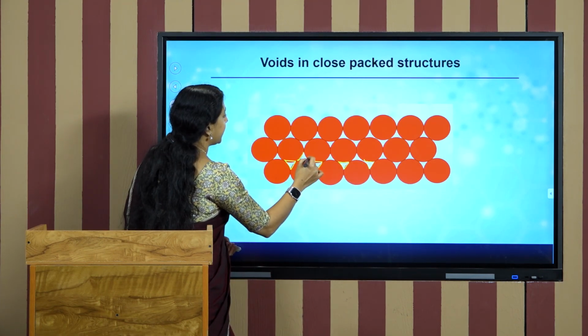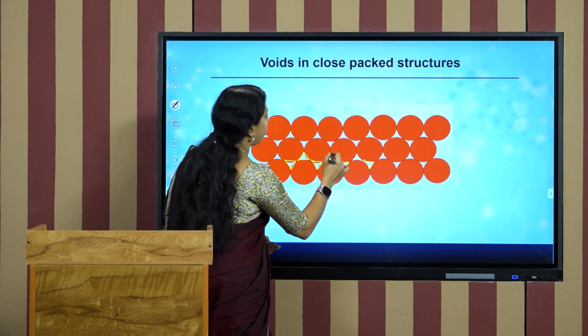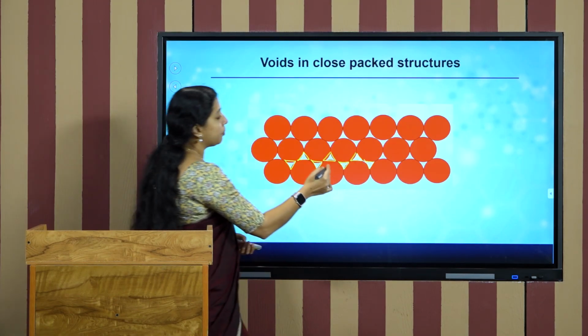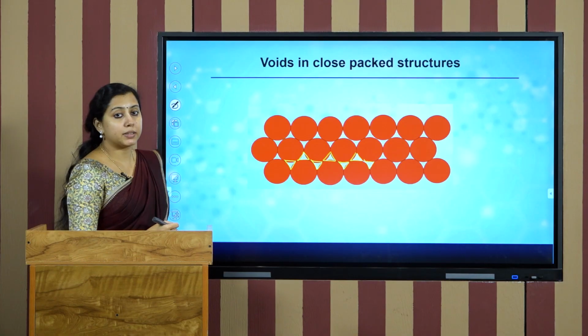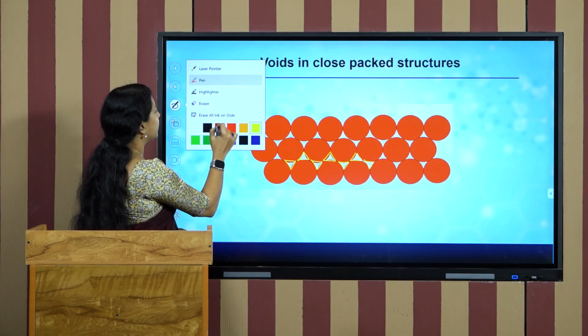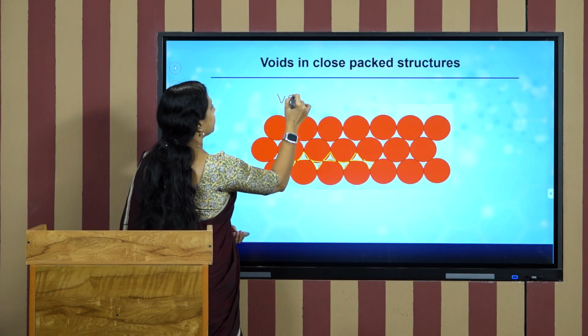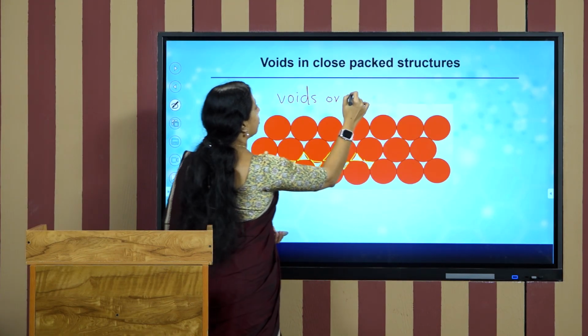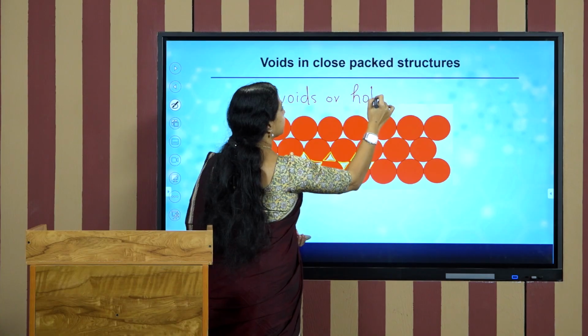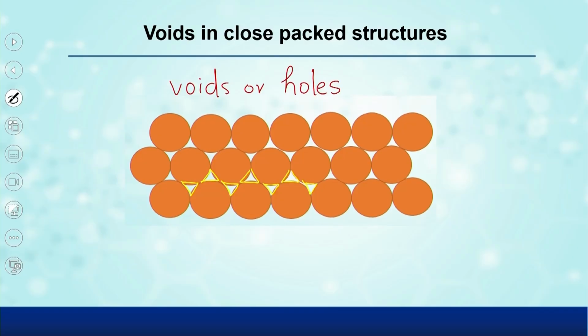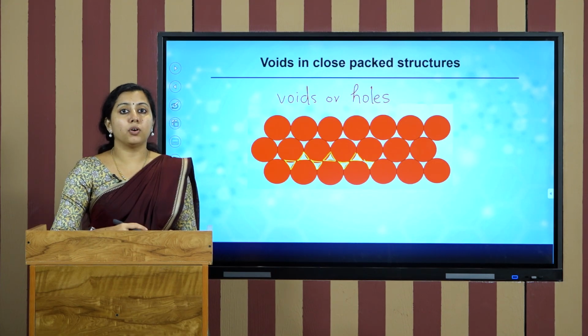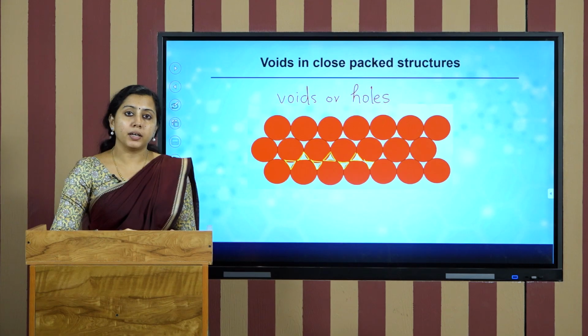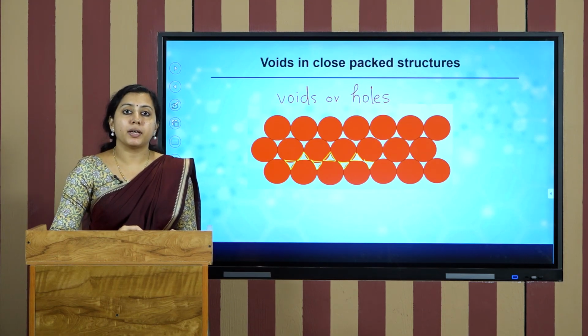So, these empty spaces or interstitial spaces between the closely packed spheres are called voids, or they are also called holes. Let us see what kind of voids or holes are created during close packing of spheres.